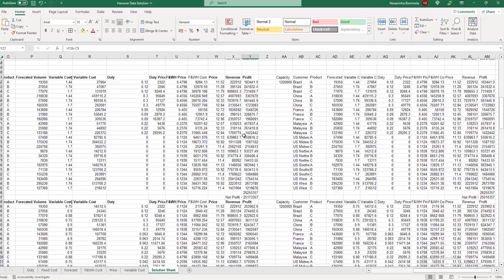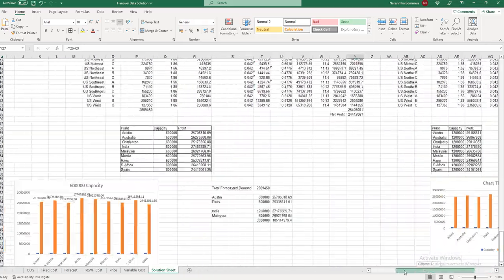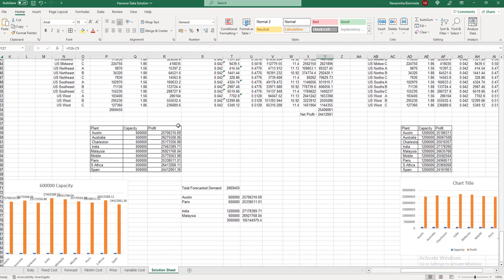By doing all the same things for different plants, we calculated these values. For Austin, when the capacity is 600,000, this is the profit it will be generating. Similarly, for different countries at 600,000 capacity, this is what they are going to generate as profit. At 1,200,000 capacity, this is what they are going to generate.